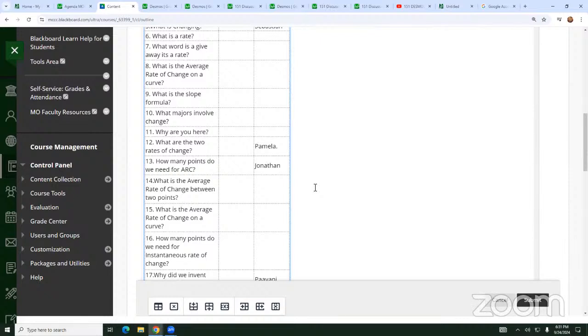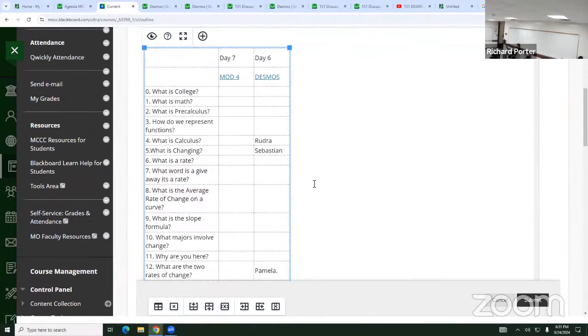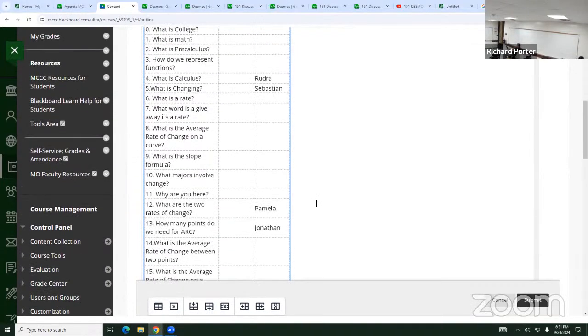Rate of change. No. What's f of x? Why do we use the letter f? Function. Okay, so Sebastian, what's changing? Functions. That was not great. Don't do that to me again. I'll take the points.